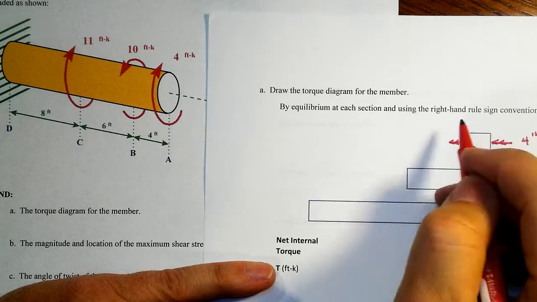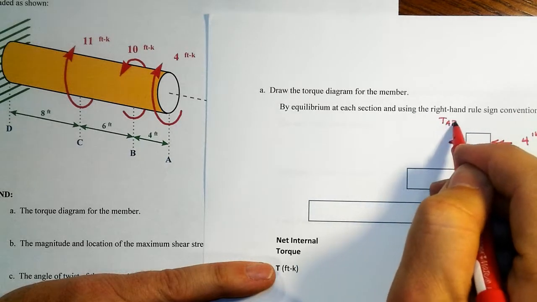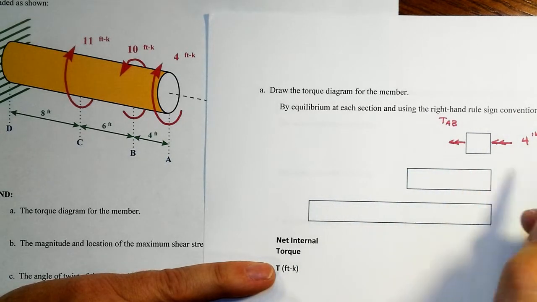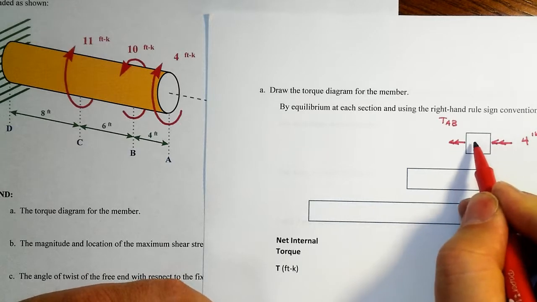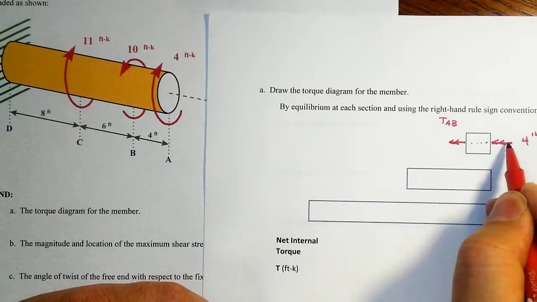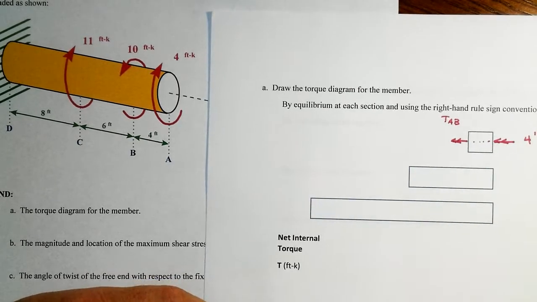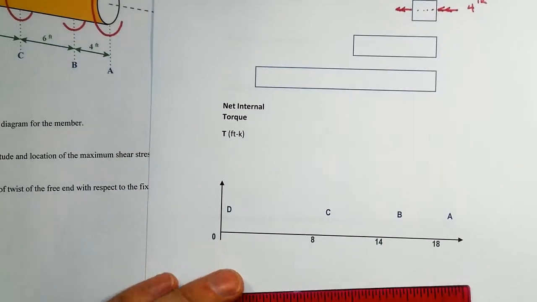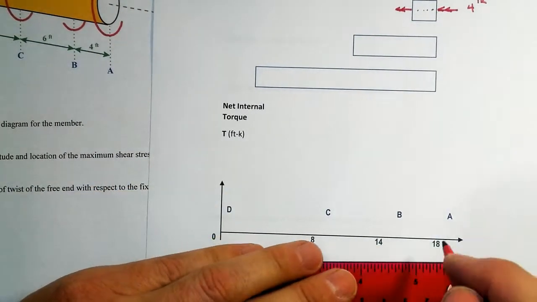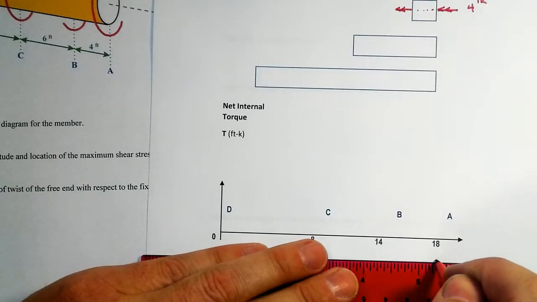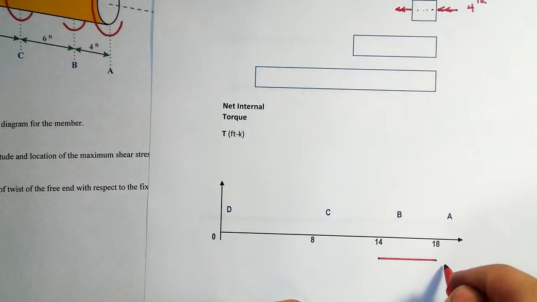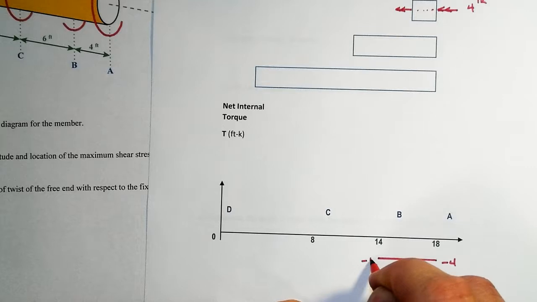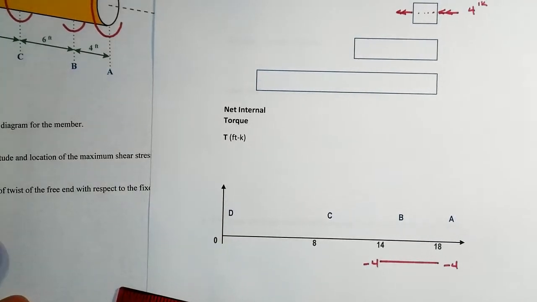This would be the internal torque in segment AB. And if we sum torques along this longitudinal axis, of course this has to be opposite to oppose that. So we're going to end up with, out in that segment from A to B, a minus 4 kip foot torque in that segment.